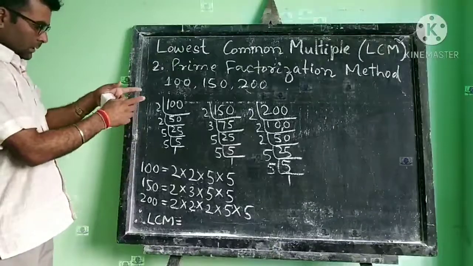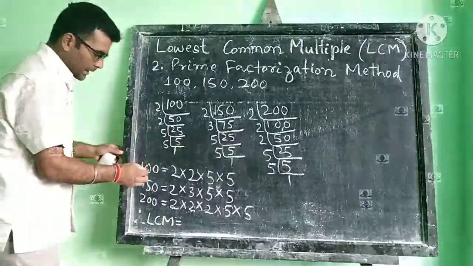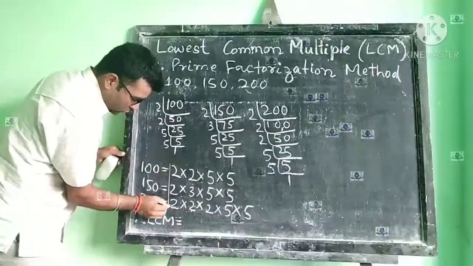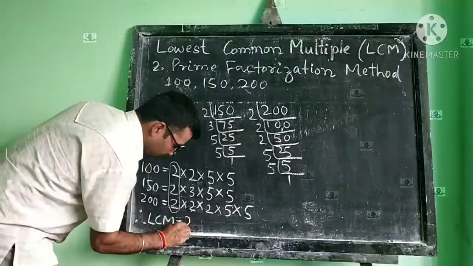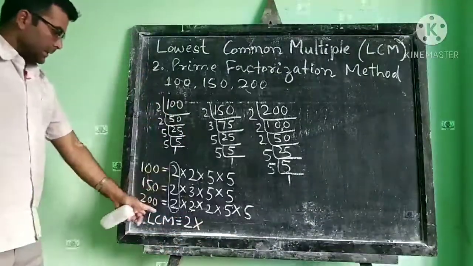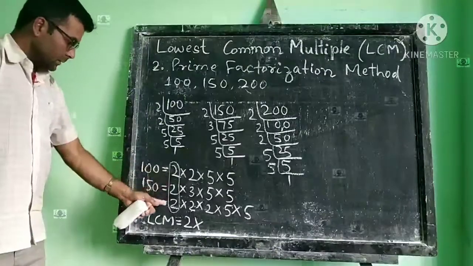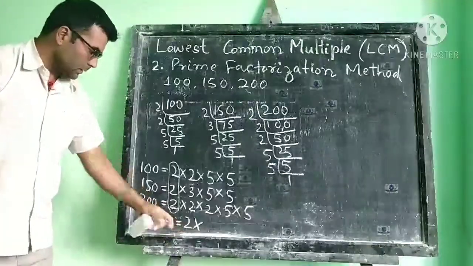First choose the factor which is common in all, and write it only once. Suppose this 2 is common in all, so for this 2 you write only one 2.